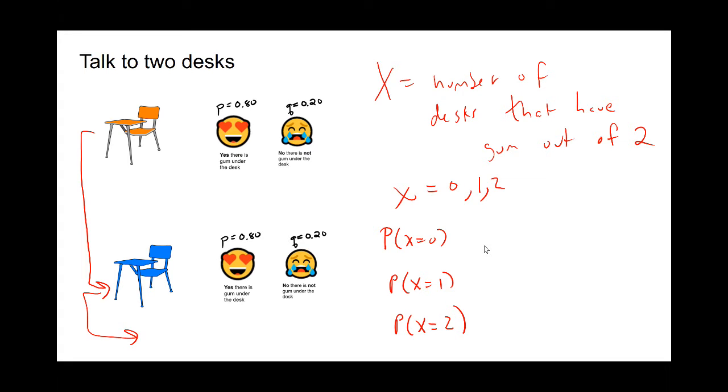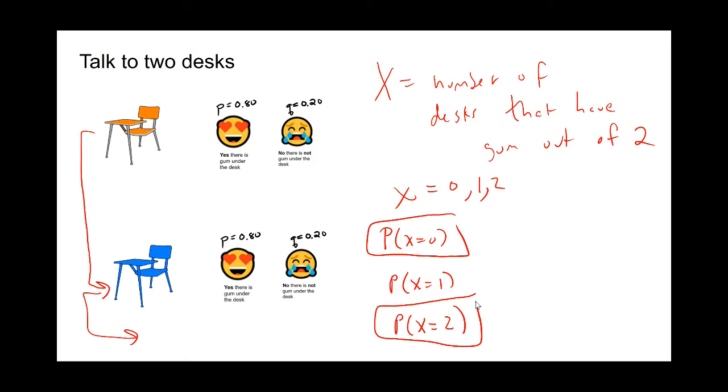Can you imagine if you walked up to those two desks in the room and neither had gum? Well, if you experience that situation, then you have 0 successes, because success is defined as having gum. Now imagine you walked up to both those desks, check the first one, check the second one, they both have gum underneath.